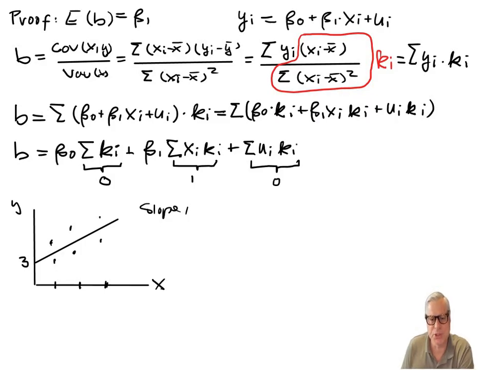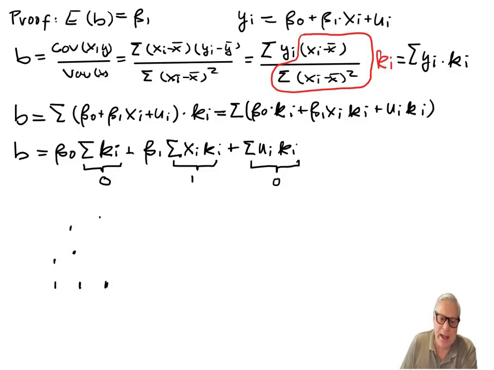Sometimes it is positive, in the next sample it's negative. So this always evaluates to 0. It seems to be plausible if you think yourself into it, but it cannot be proven as easily as this one.